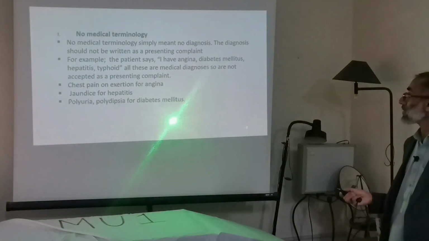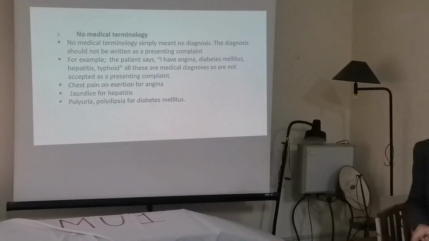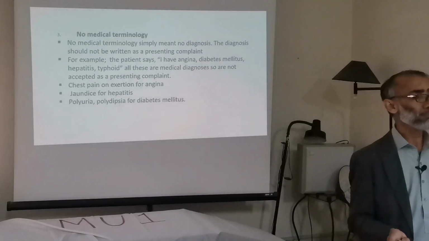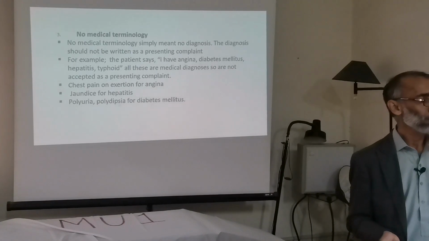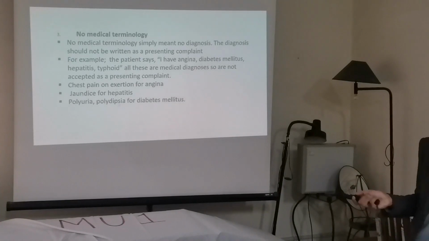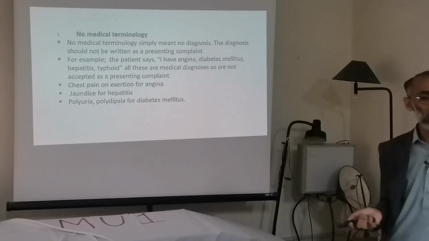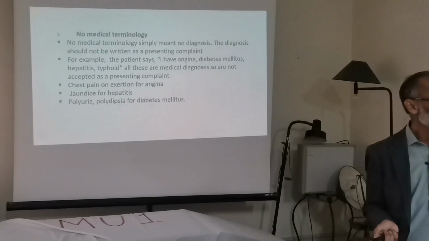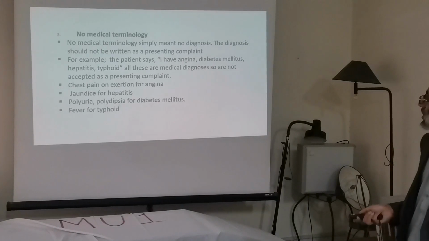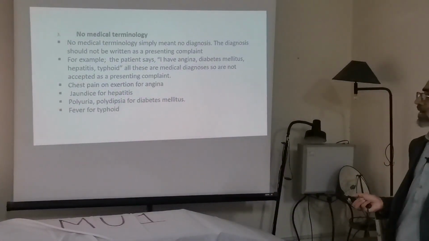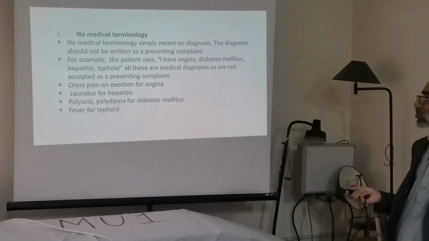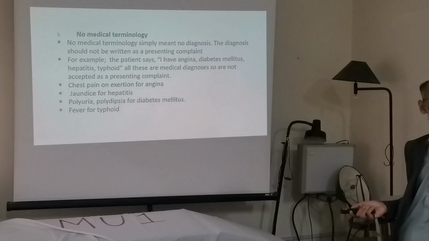Similarly, polyuria polydipsia for diabetes mellitus. Polyuria polydipsia may be due to diabetes mellitus, hypercalcemia, or diuretics, drugs. There are a lot of differential diagnoses of polyuria polydipsia. Fever for typhoid. Typhoid is a diagnosis, fever is a symptom. Fever may be due to typhoid, may be due to malaria.